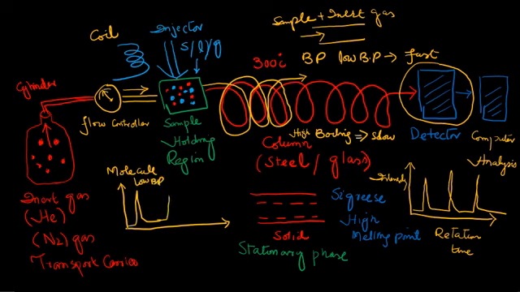Similarly, we will achieve different types of peaks in a graph, whereas the last peak will represent a molecule with a high boiling point.